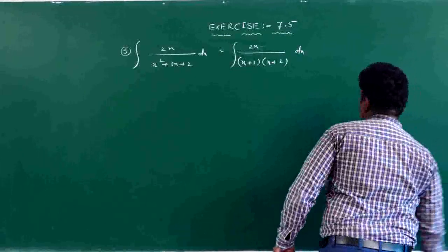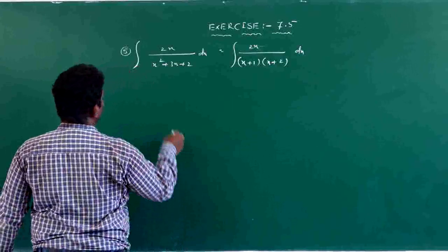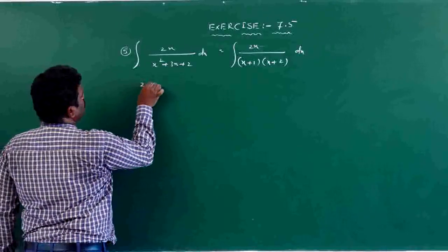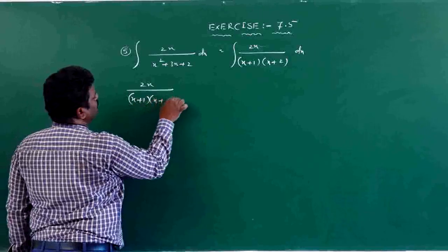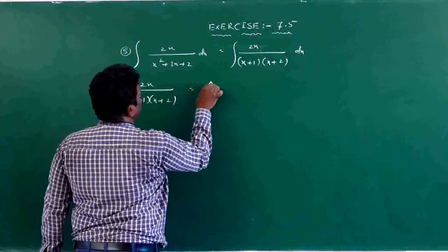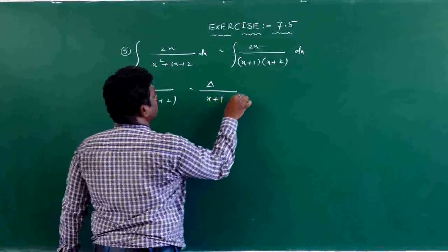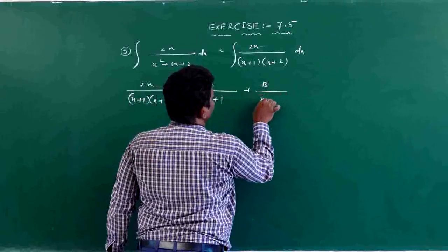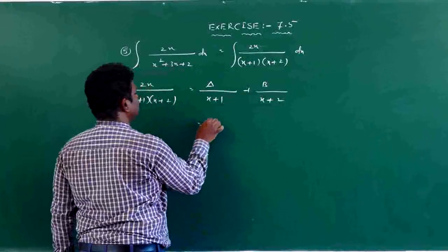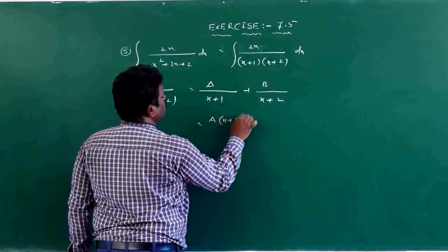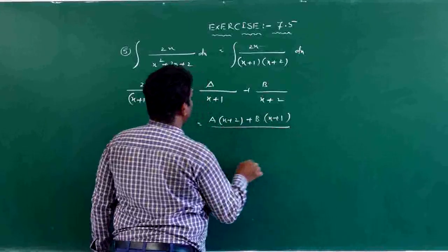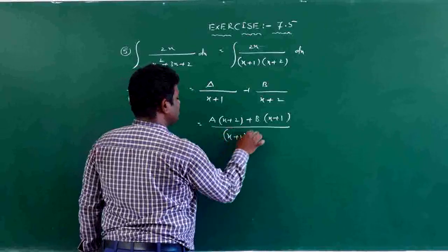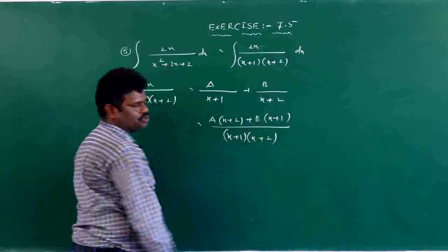Now if you take this rational fraction, 2x by (x plus 1)(x plus 2), that is equal to a by (x plus 1) plus b by (x plus 2), that is equal to a into (x plus 2) plus b into (x plus 1) by (x plus 1)(x plus 2).